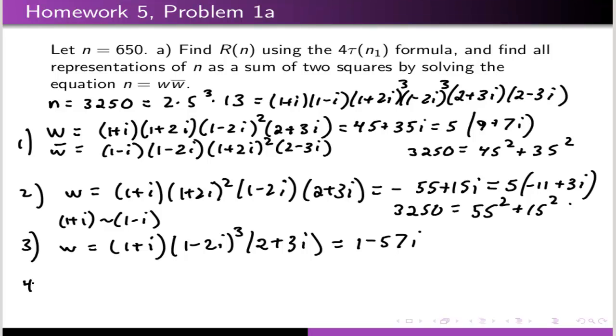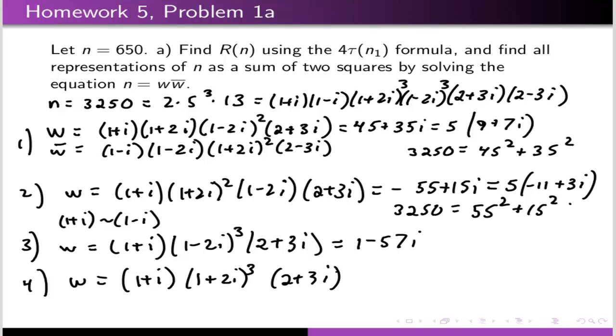And then the fourth way, we can throw everything into the 1 plus 2i cubed. 2 plus 3i, and that one, we got 21 minus 53i. So here we're getting 1 squared plus 57 squared and 21 squared plus 53 squared.